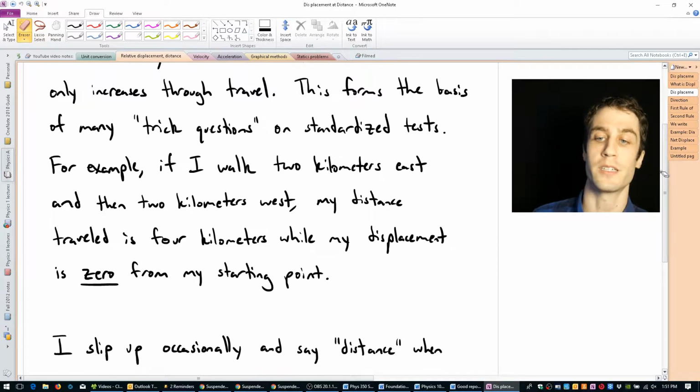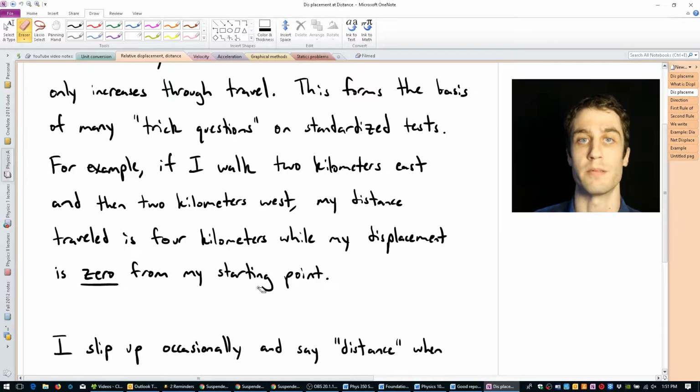For example, if I walk 2 kilometers east and then 2 kilometers west, my distance traveled is 4 kilometers, but my displacement is 0 from my starting point because I end up back where I started. As a non-trivial example where it doesn't end up with a final displacement of 0, if I walk 3 kilometers east and then 2 kilometers west, then my net displacement is 1 kilometer east, while my distance traveled would be 5 kilometers.